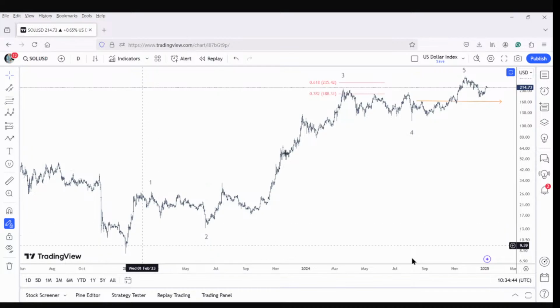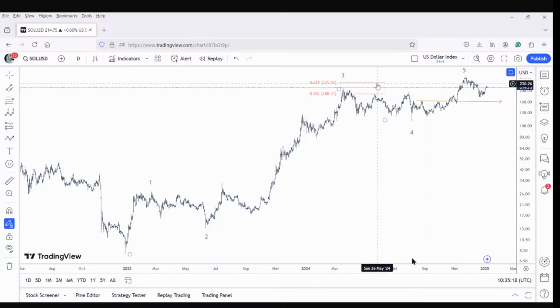The third wave was extended neatly over here, absolutely bang on the theory. It's such a beautiful sight to watch. So it's one, two, three, four, and five, and I would not be surprised if the fifth wave is almost complete.